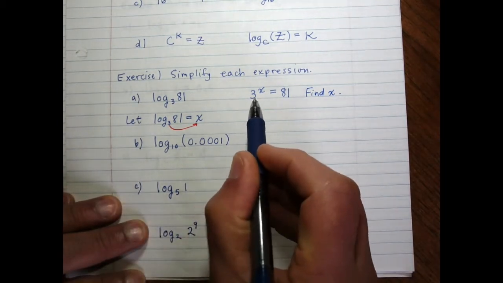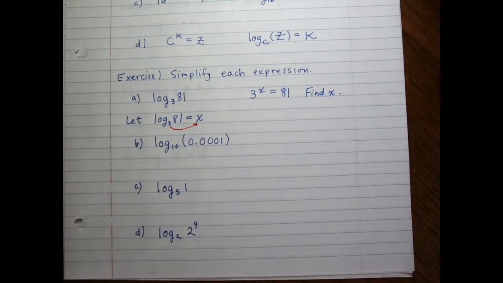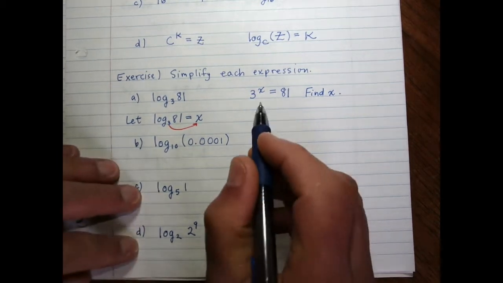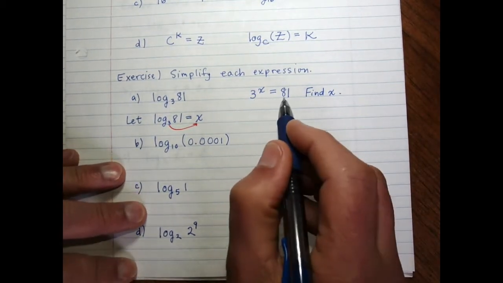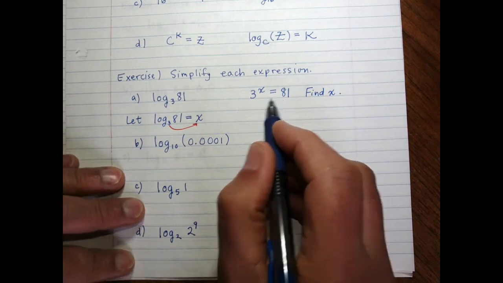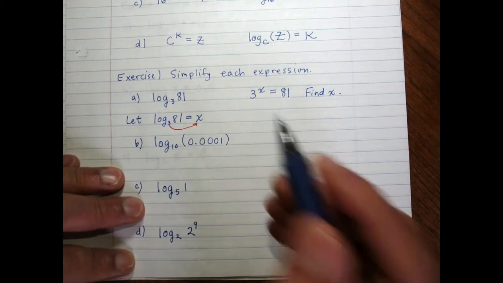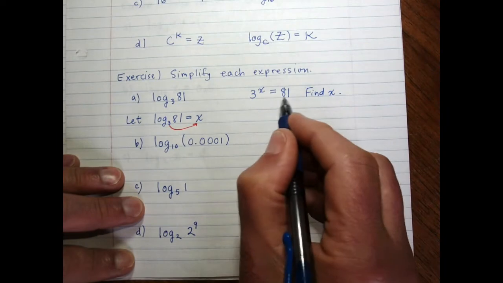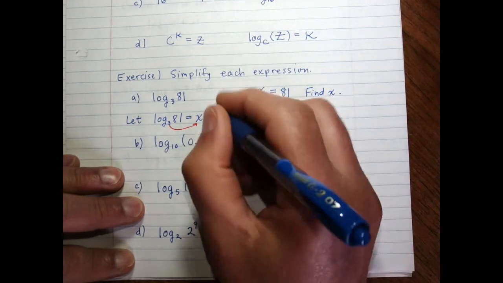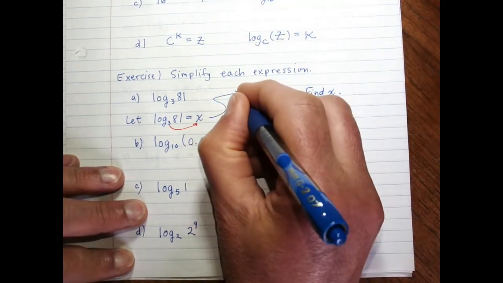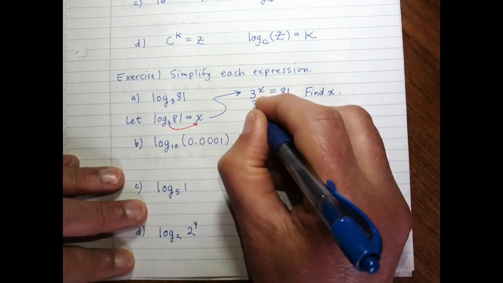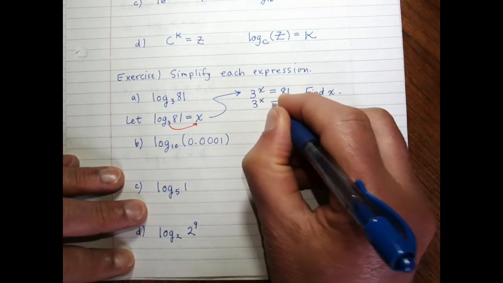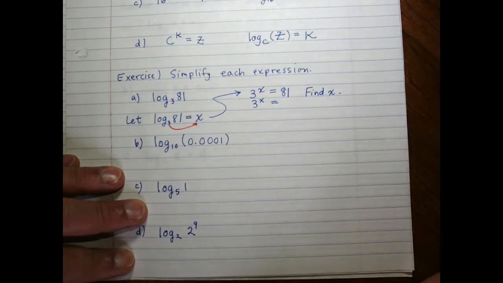The hope is that when we write this exponential form, it will be easier for us to figure out what's going on with these numbers. One way to figure this out is to try to write both sides with the same base. Now I know I got 3 to the x equals 81.